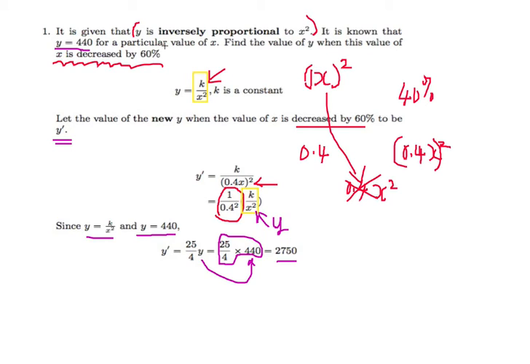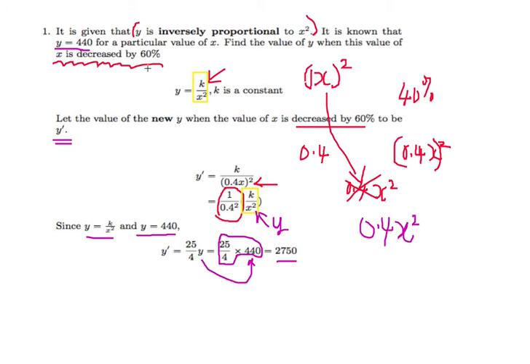I hope this is clear. This is a very common, more challenging question because it tests your understanding, and a lot of students make mistakes, like for example, as I said just now, 0.4 x squared. It is x that's decreased by 60%, not x squared.